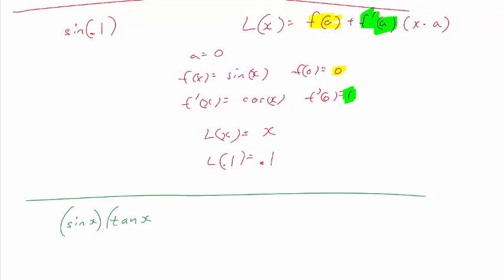All right, and then we're taking the derivative of this. Derivative of sine is simply cosine multiplied by tan, and then plus sine times the derivative of tan, which is simply secant squared of x.